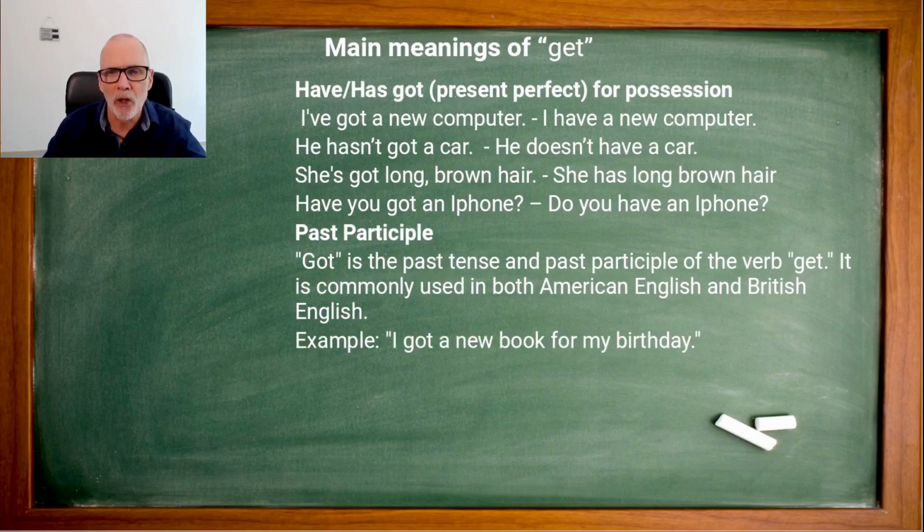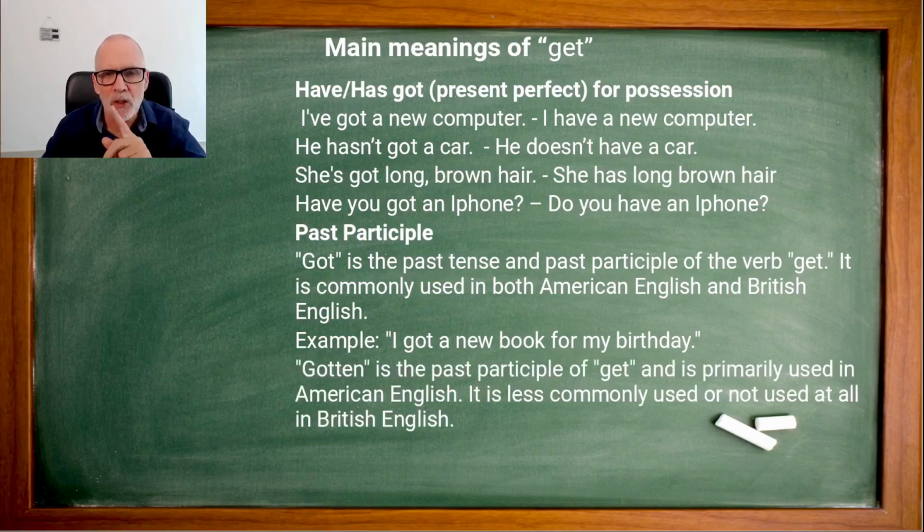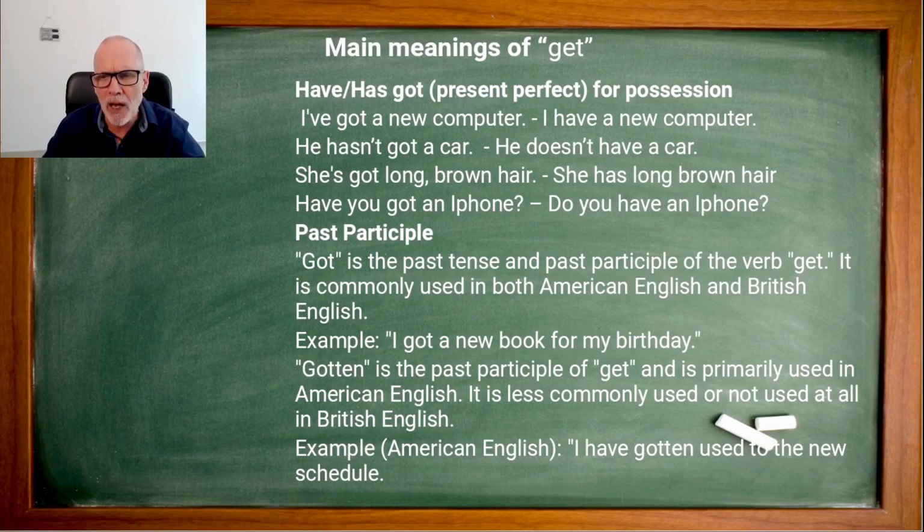Example, I got a new book for my birthday. This is past simple. Gotten is the past participle of get and is primarily used in American English. It is less commonly used or not used at all in British English. Example, I have gotten used to the new schedule.